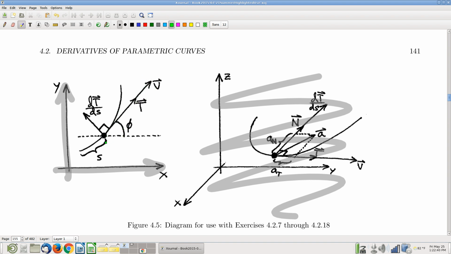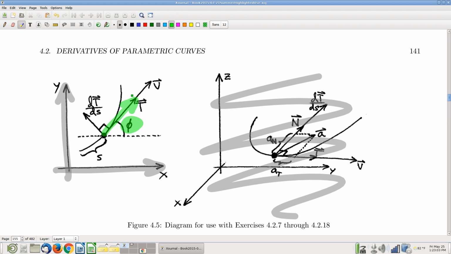The very last thing you're going to do in 2 dimensions is observe that instead of thinking about this angle, you could actually just think about the vector itself. Instead of asking the rate of change of phi with respect to distance, you could think about the rate of change of the tangent vector itself with respect to distance.